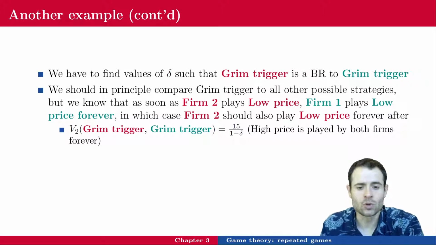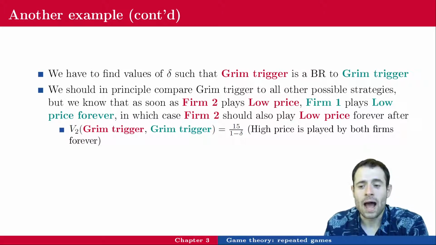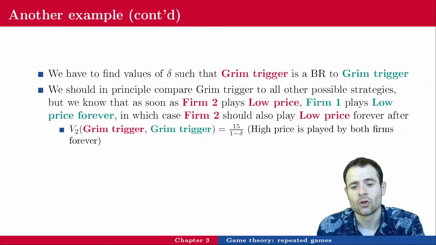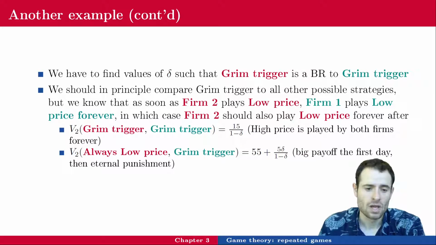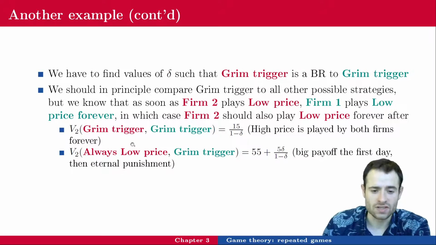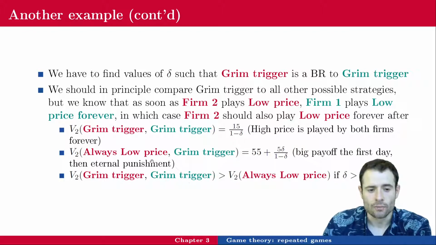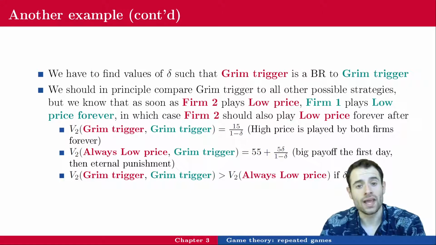So if they both play Grim trigger, well, they both play high price forever, and the payoff is 15 over 1 minus delta. If firm 2 plays always low price against Grim trigger, it will get 55 today, big payoff the first day, but then eternal punishment. So the first payoff is higher than the second if delta is bigger than 4 over 5, 0.8.